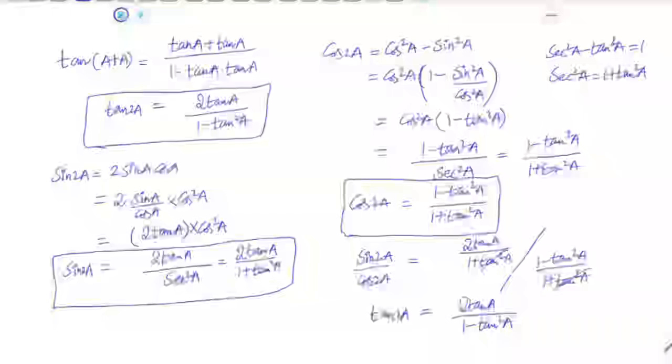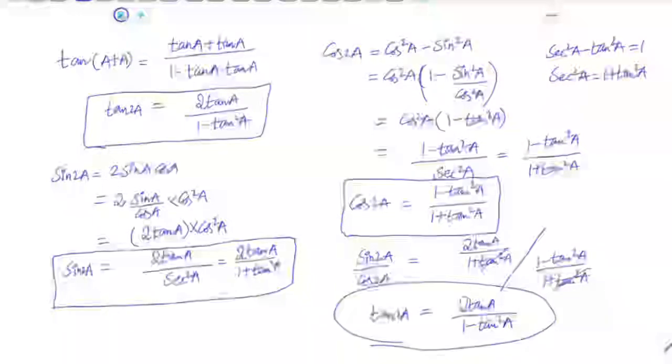So we verified it easily such that tan 2A is 2 tan A by 1 minus tan square A.